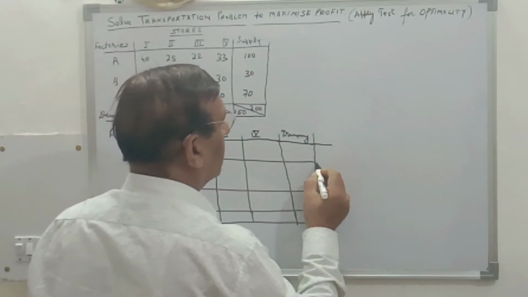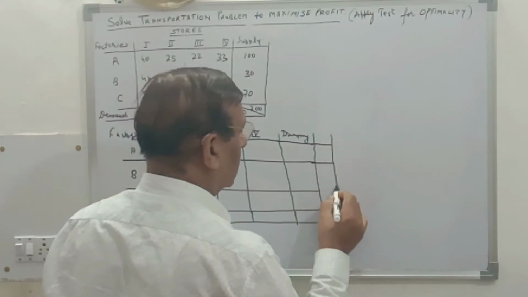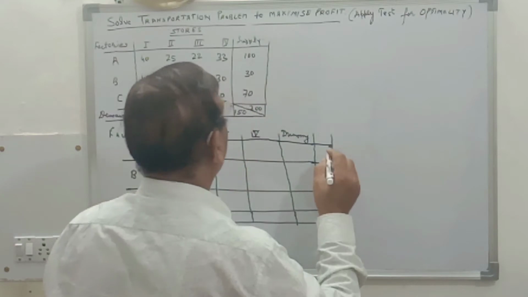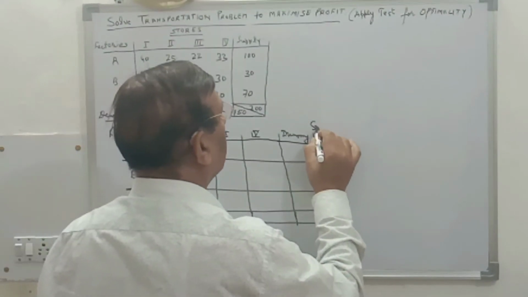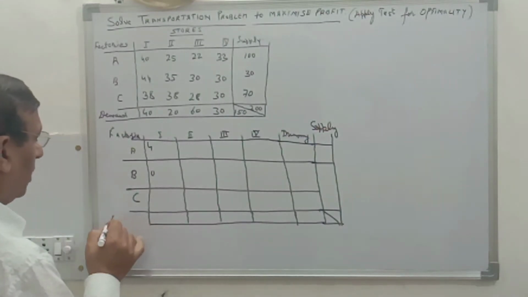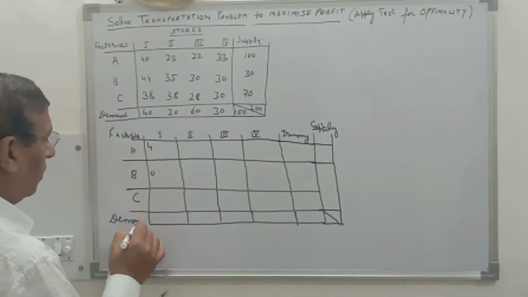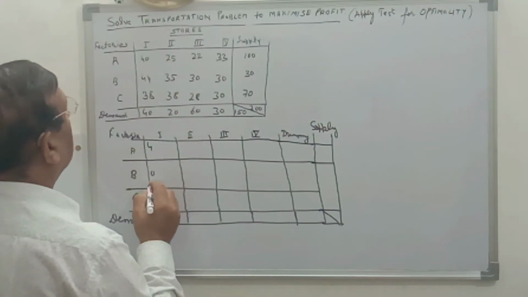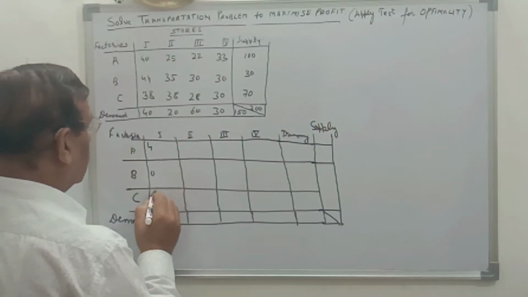And here we will have supply. Here it is demand. Now we are converting this problem into minimization. So it will be 6.